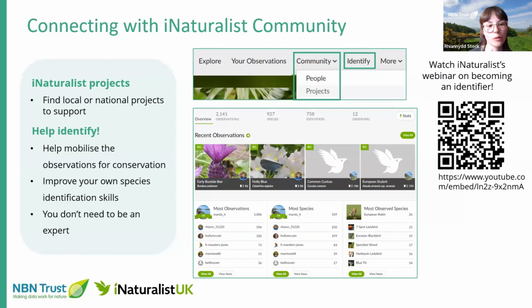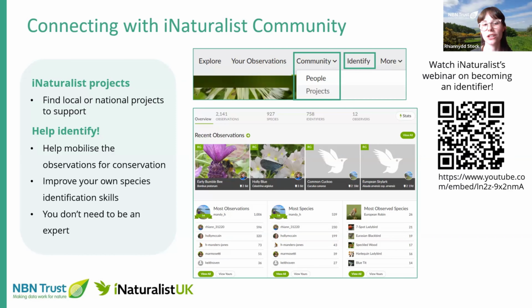Another nice aspect of iNaturalist is the community aspect, as I touched on earlier. There are things called iNaturalist projects which help collate data into one place, and a lot of organisations use this as an engagement tool.